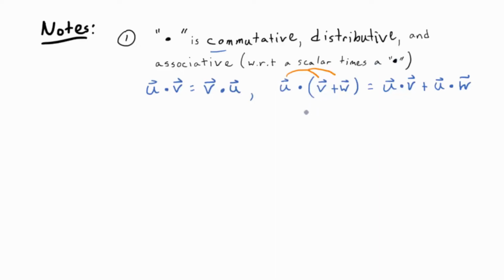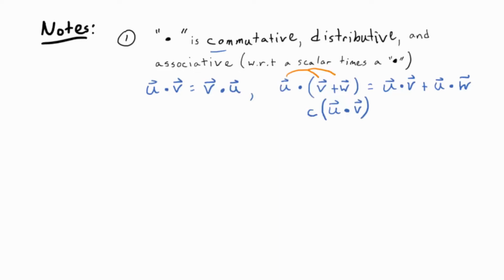So what I mean by that, let's pick a scalar like C. So suppose C is just some number, and then you have a dot product like U dot V. Then let's say we take U dot V and then multiply by C. That's regular multiplication because U dot V is a scalar, right? If you take C times U dot V, that's a scalar times a scalar because U dot V is a scalar.